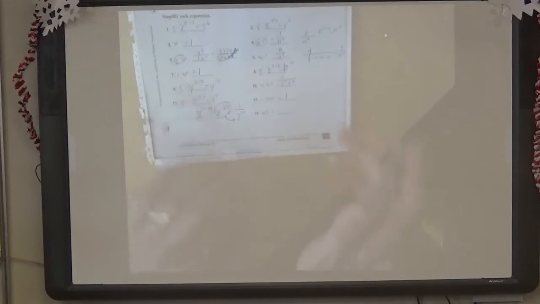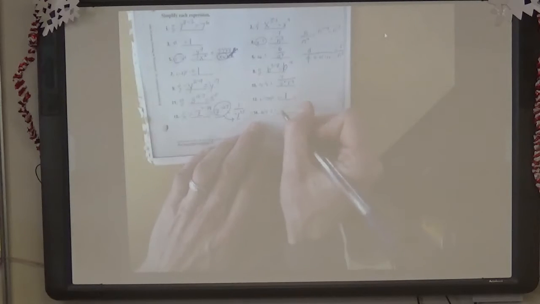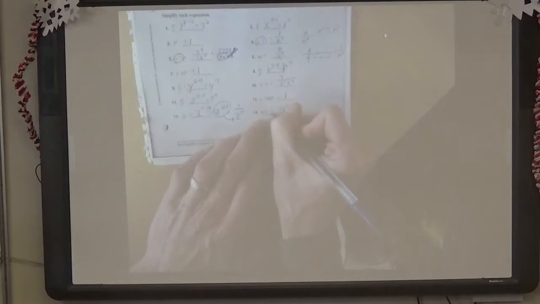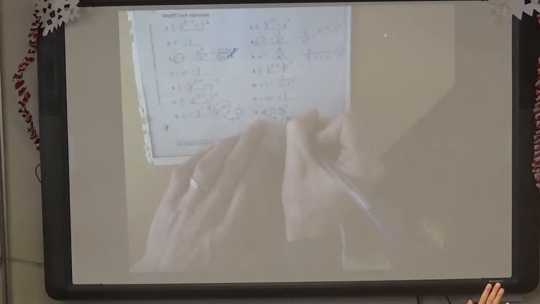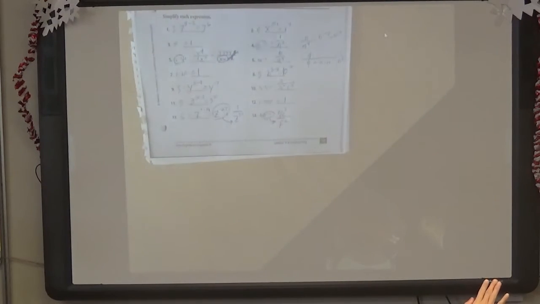What does number 10 say? And then 4e to the third. And then we'll move the f to the negative second to the bottom line to make it positive. Okay.